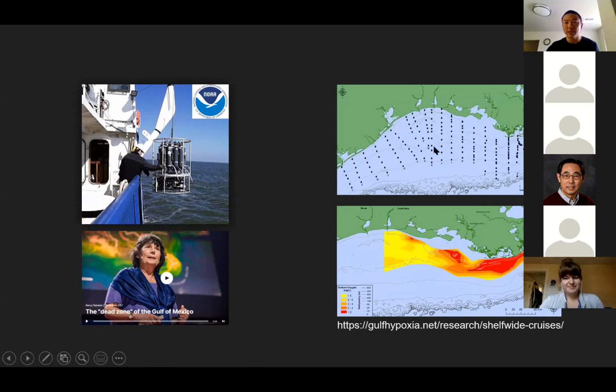As you can see, they were sampling the seawater and testing the dissolved oxygen level across the whole region. Then they report a map like the one in the right-hand corner and calculate the total area. As I mentioned earlier, the size in 2017 is almost equal to New Jersey.